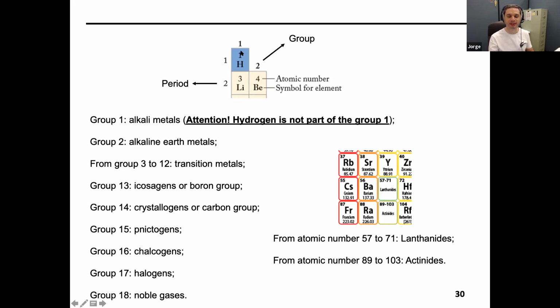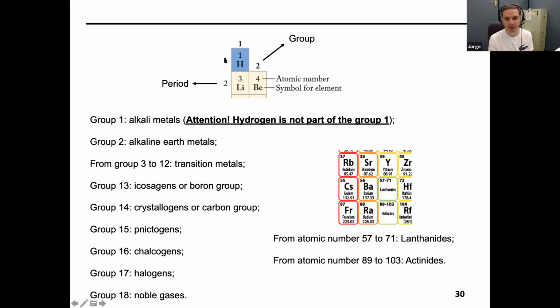All the elements that are in the same group share common chemical characteristics, and they have some specific names. For example, here, the group 1 are called alkali metals. And one thing that I need you to pay attention to is that hydrogen is not part of the group 1, okay?